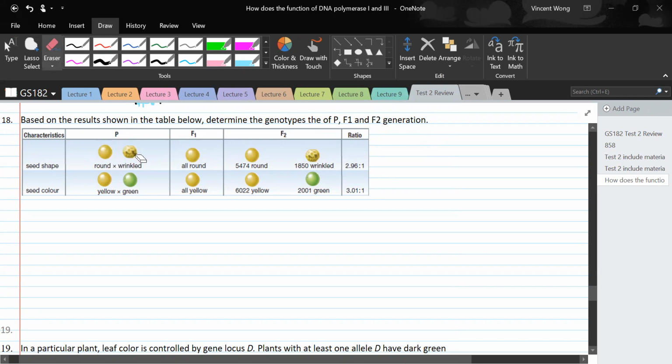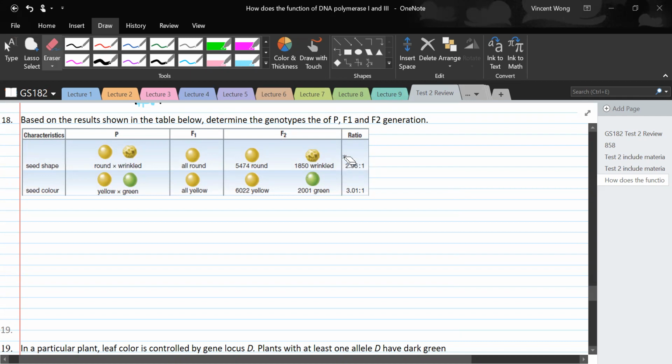Round cross wrinkle is gonna give you all round. Okay, and then if you take all the round ones and breed them, you take like 2 individuals from F1 and you breed them, F2 is gonna be 5,000 something round and then 1,800 something wrinkled. That works out to be roughly 3 to 1.